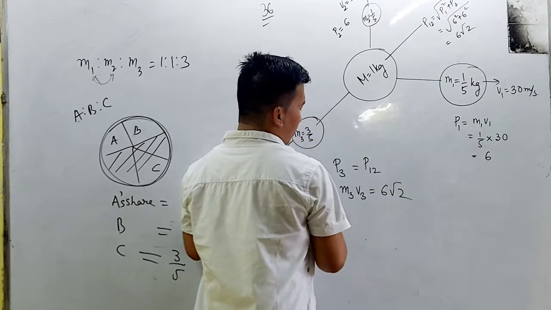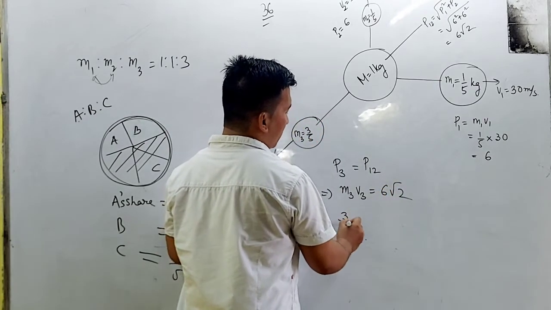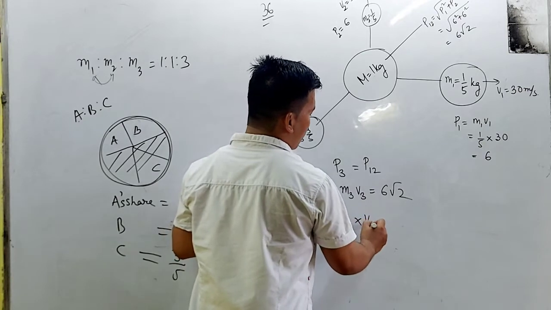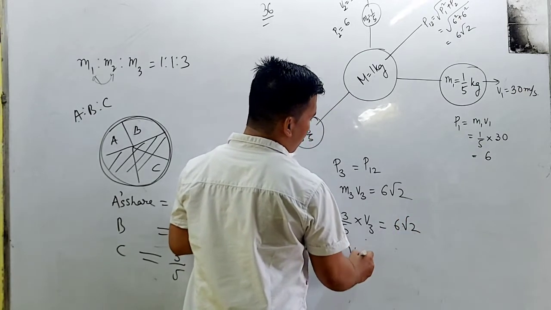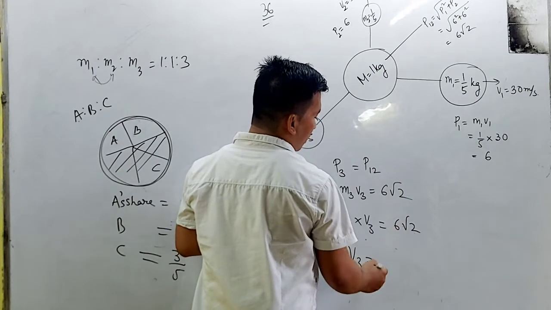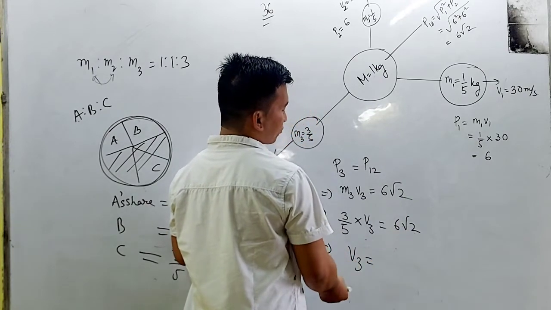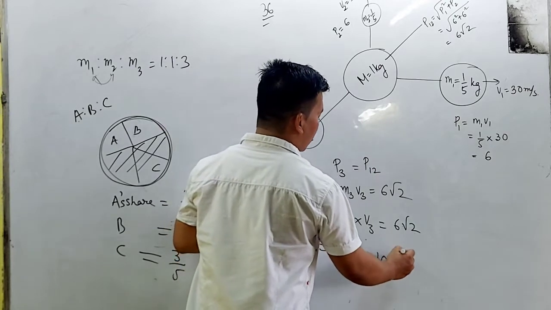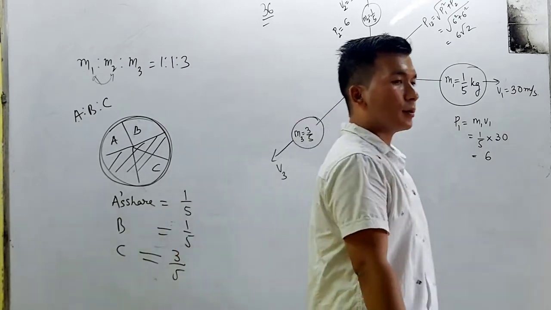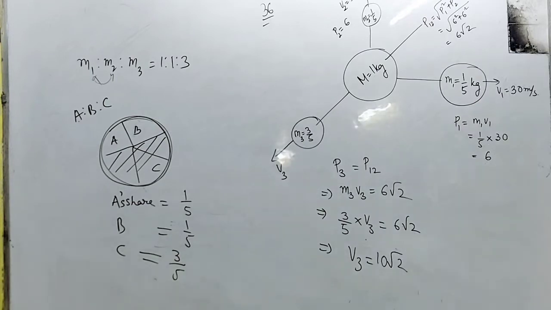The value of M3 is 3 by 5, into V3, equals 6 root over 2. After simplification, V3 will be 10 root over 2. 10 root over 2 meter per second will be our answer.